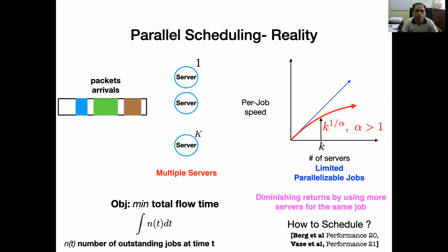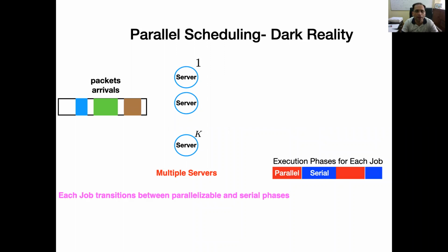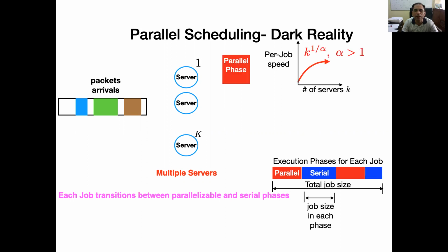Today we'll be talking about an even more complicated setting where there are a total of K servers and each job not only has limited parallelizability, but also has multiple phases of service. In particular, a job transitions between a parallel and a serial phase, where in a parallel phase, if little k servers are assigned to it, the speed obtained is k to the power 1/alpha.